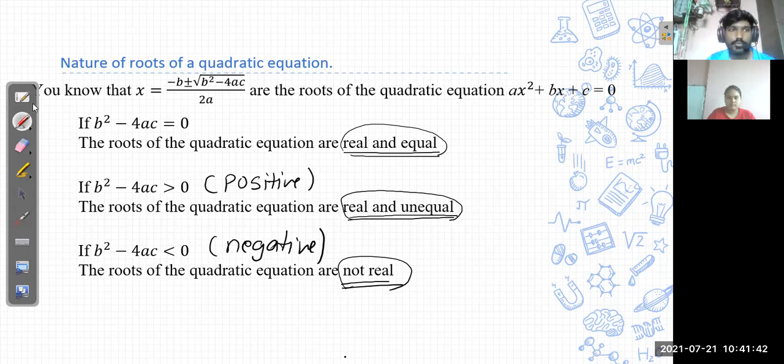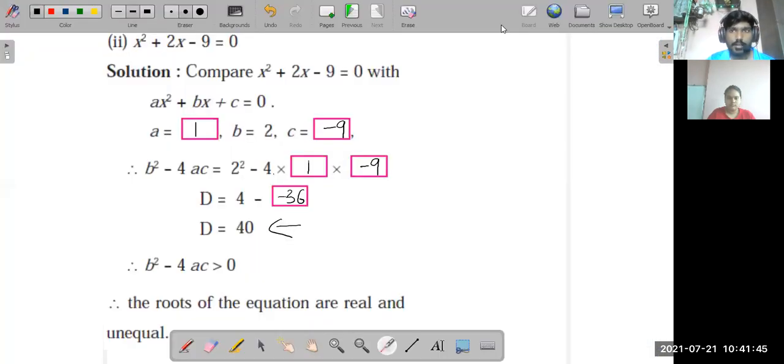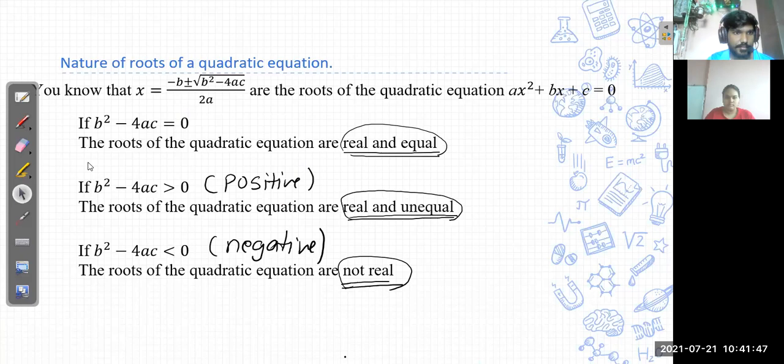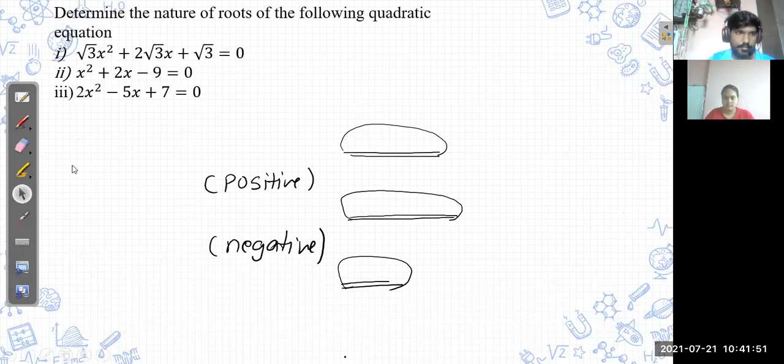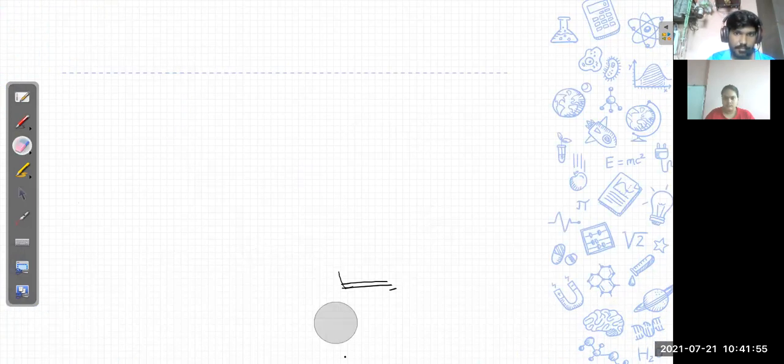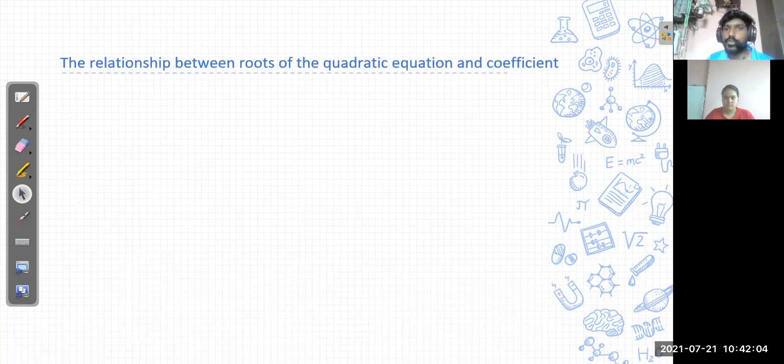Okay, so now we can move to the next part, that is the relationship between the roots of the quadratic equations and coefficients.